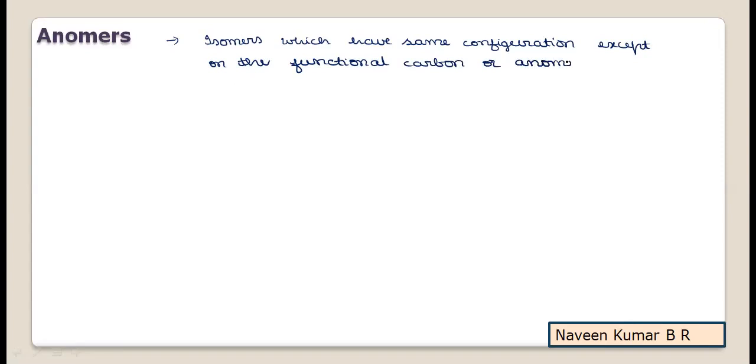Functional carbon is also called the anomeric carbon. So except for the configuration on this anomeric carbon, the configuration for the rest of the molecule will be the same.